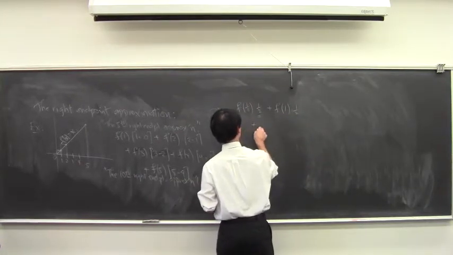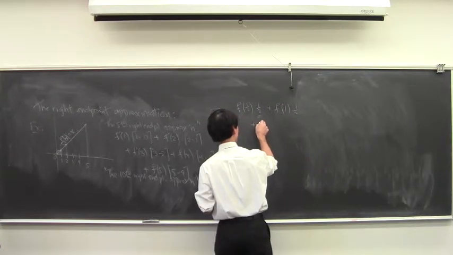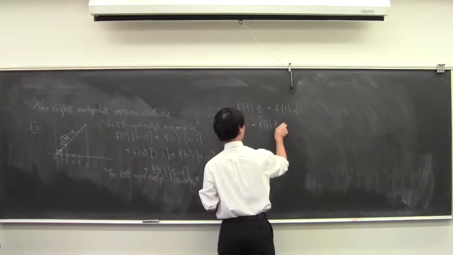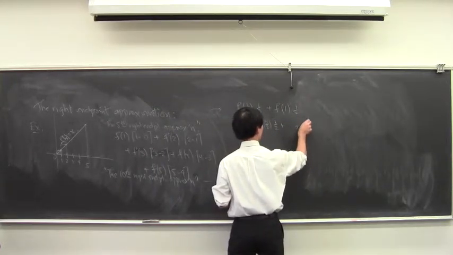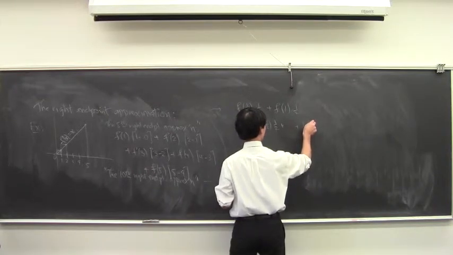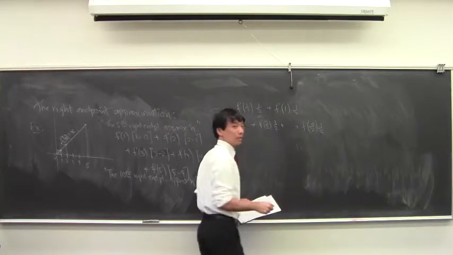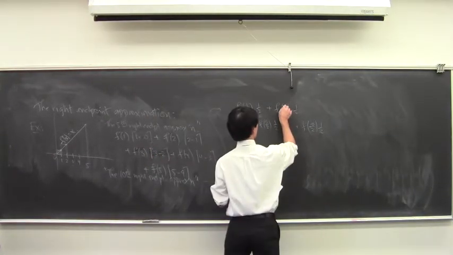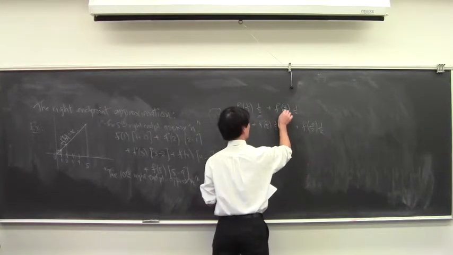And then f of 1.5 times a half. f of 2, so just keep on going until f of 10 times a half, 10 halves, right? Okay, so that's the 10th right endpoint approximation.